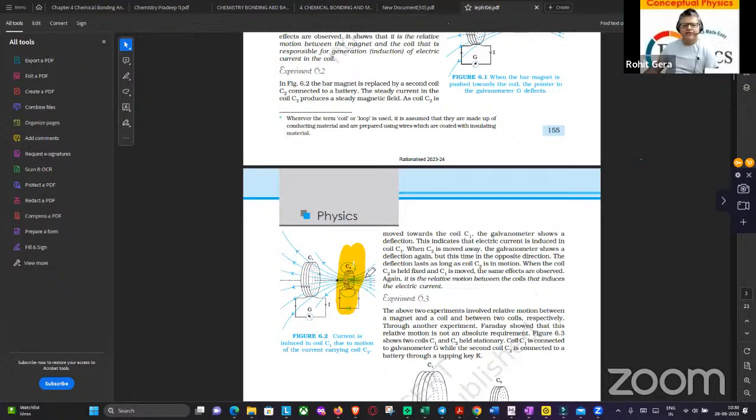This is the magnetic field due to the circular loop C2. C2 has produced a magnetic field which is going through the loop itself.